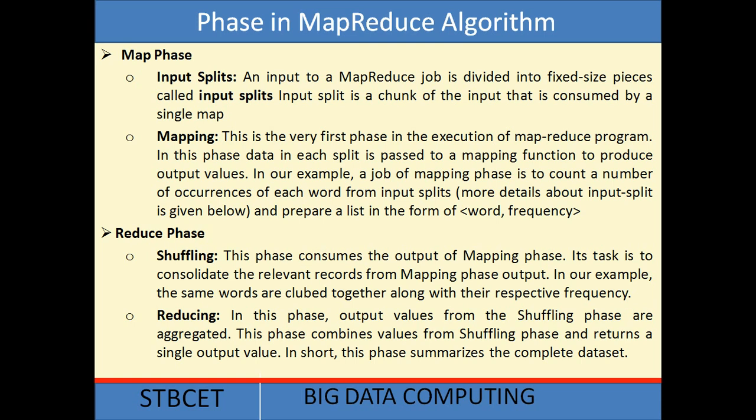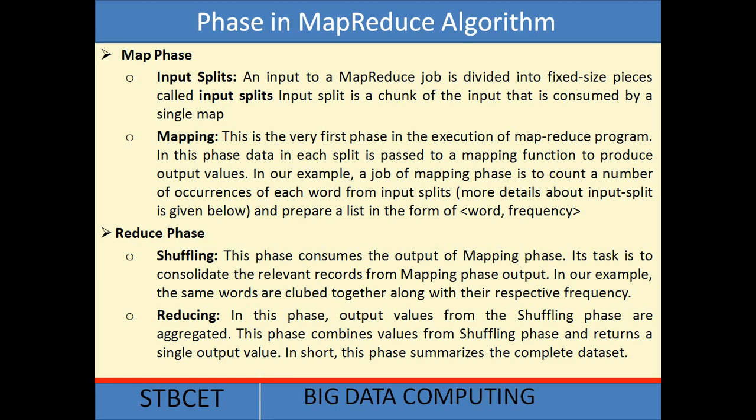The result of shuffling will again be transferred to the reducing phase to get the aggregate value of this input data.